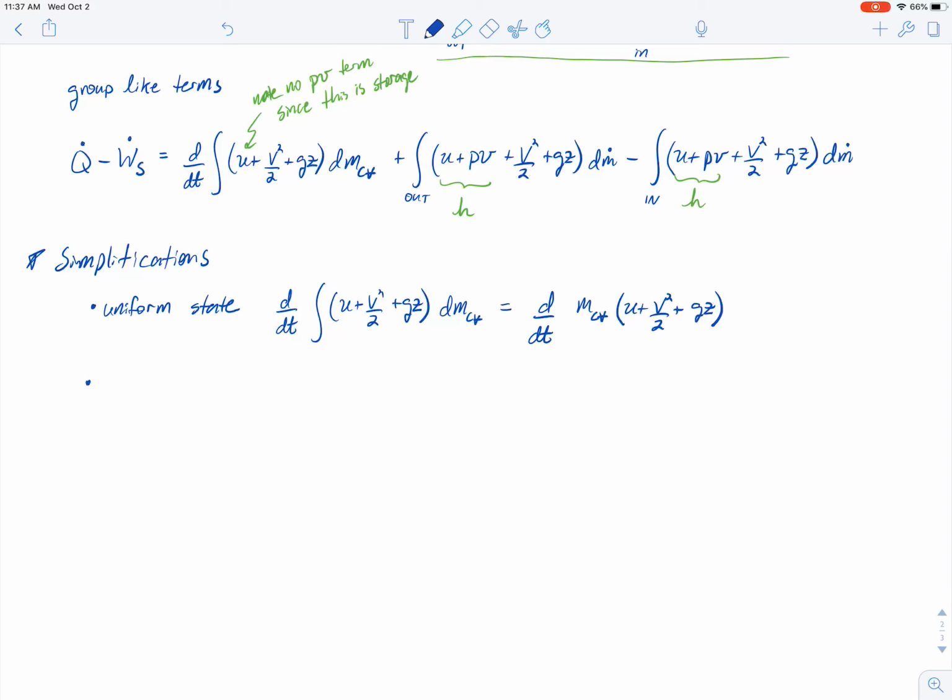Another assumption I can usually get away with making is locally uniform one-dimensional flow across my boundaries. In that case, I'm saying my integral over an inlet or outlet, I'll write it now in terms of the enthalpy.